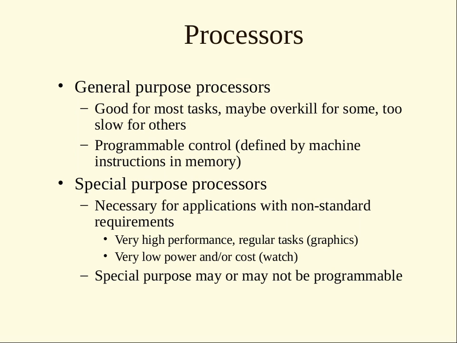First thing, there are two different types of processors. Actually, there are many different types, but I'm going to show you two. There's general purpose, and that's the kind you usually see inside laptops, on your phone, et cetera. It's there to solve any problem that you give it. Then there's special purpose. These definitely do exist, necessary for applications with non-standard requirements. Maybe you need very high performance on regular tasks.